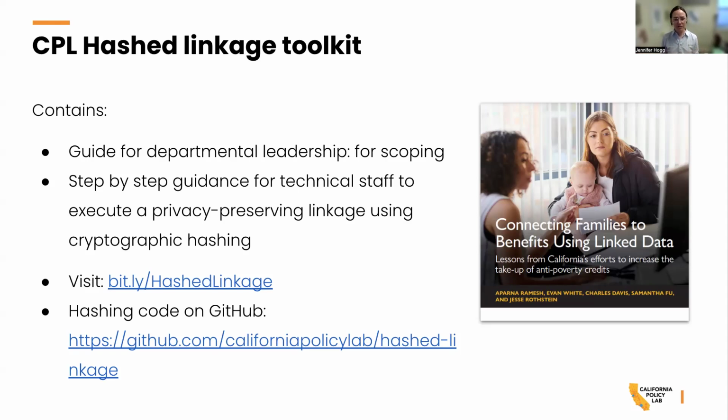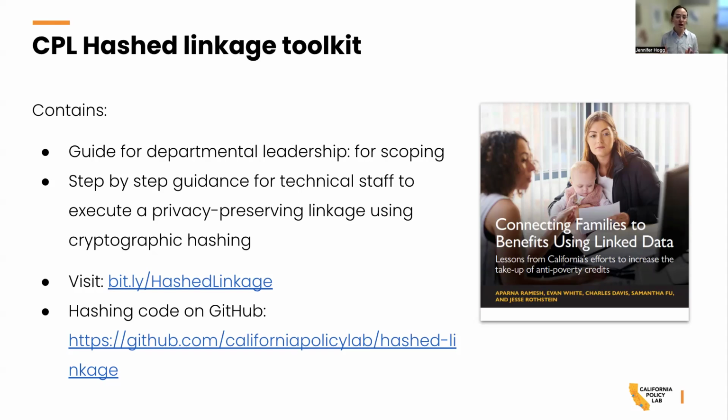And as I mentioned previously, some examples of the linkages that we've facilitated across domains. The toolkit here contains a guide directed to government partners to help them decide if a hash linkage is appropriate for their goals. There's also a guide for technical staff who want to know more about the process for hashing and linking.